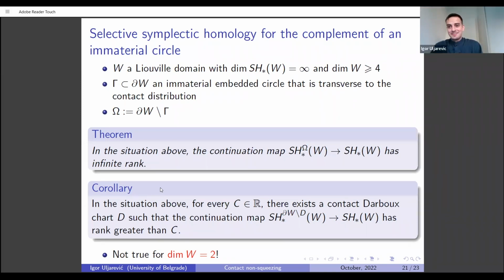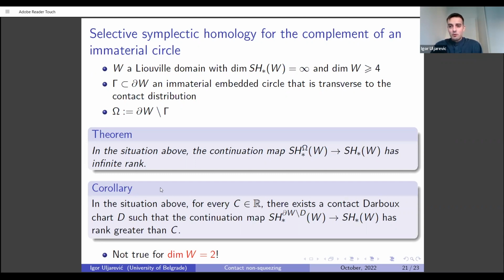You are not wrong, but I actually proved that the complement of an immaterial circle has infinite dimensional symplectic homology in this setting.